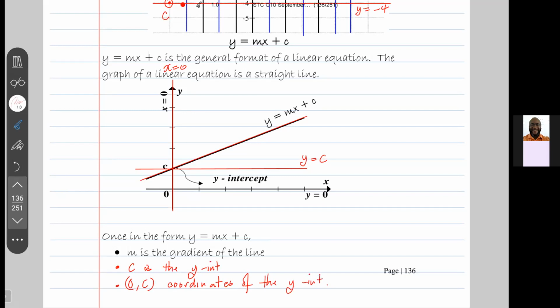Why? Because the y-intercept is on the vertical line, x is equal to 0, and it's on the horizontal line, y is equal to c. So the coordinates of the y-intercept are (0, c).